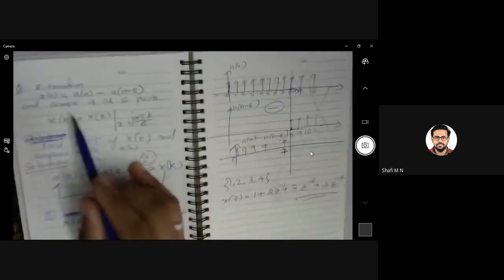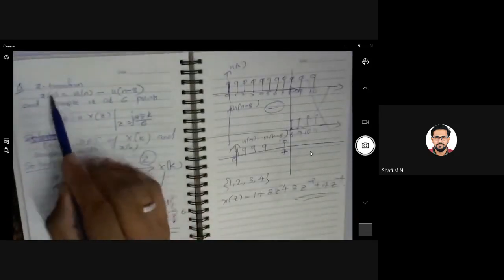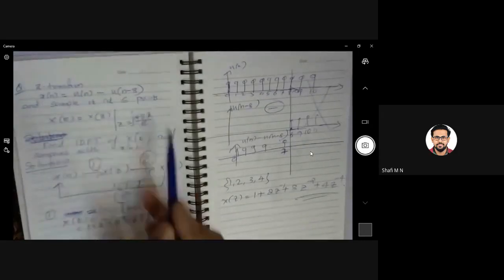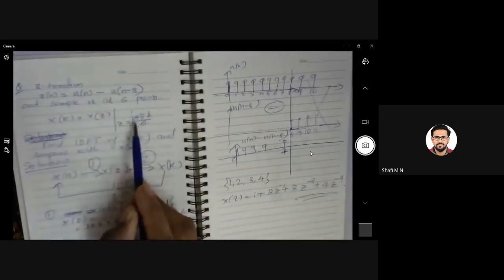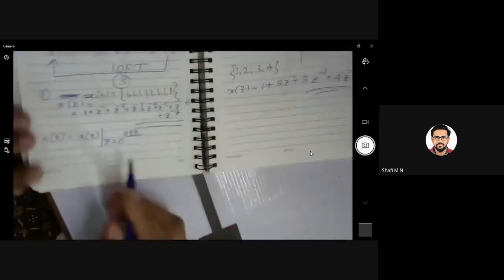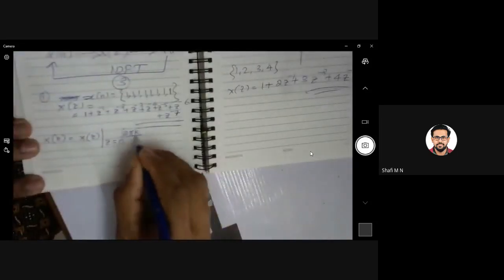In our case, the question was to find the Z transform of the sequence that we have done and sample it at 6 points. That means you have to substitute Z equal to e raised to j 2 pi k by 6.